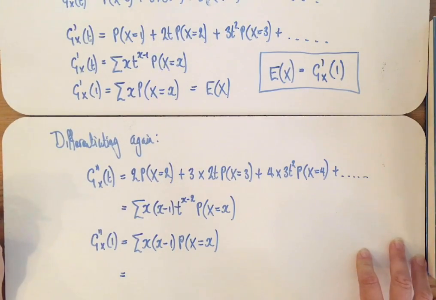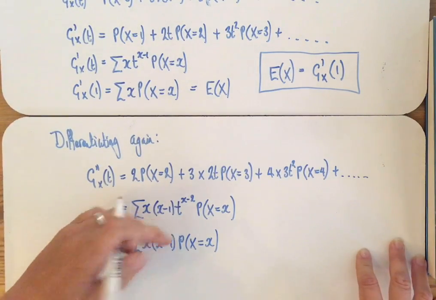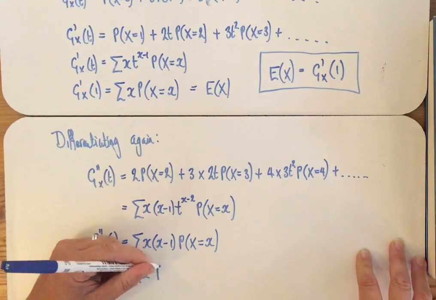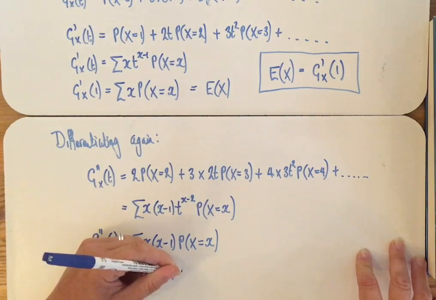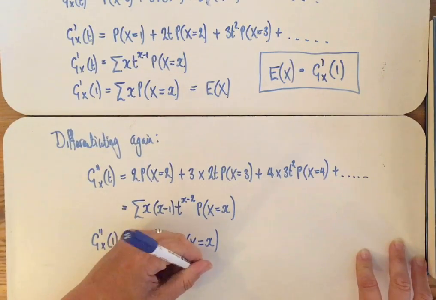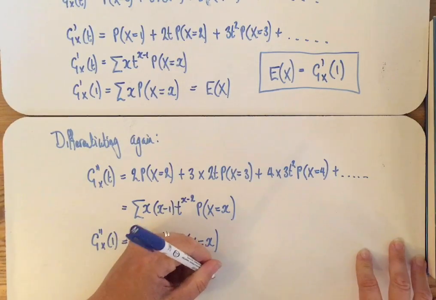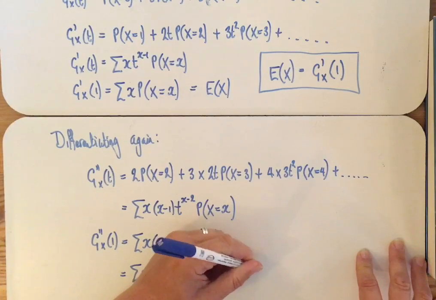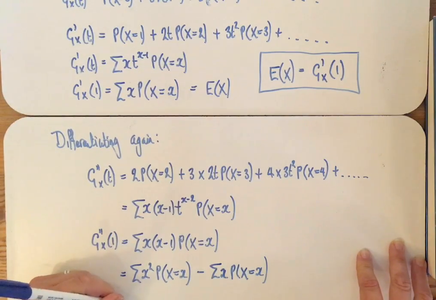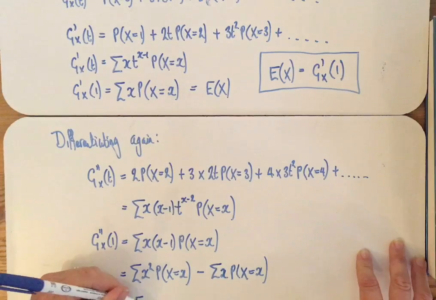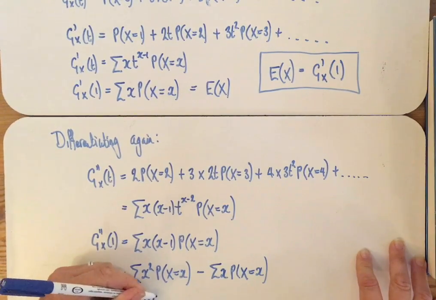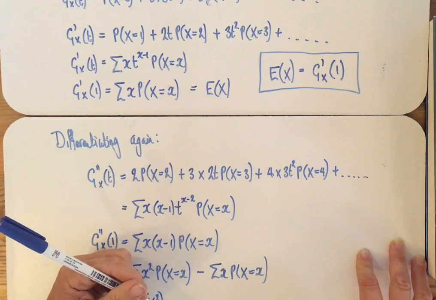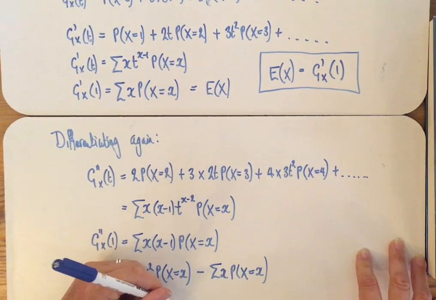And then if I multiply out this bracket, I get the sum of x squared times the probability that X equals x, minus the sum of x times the probability that X equals x. This is the expectation of X squared, and this is the expectation of X.